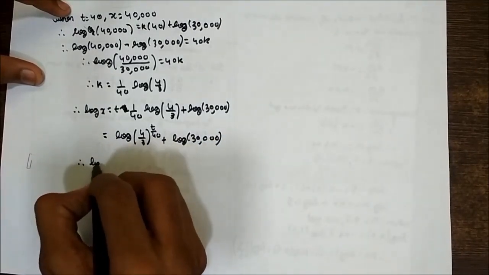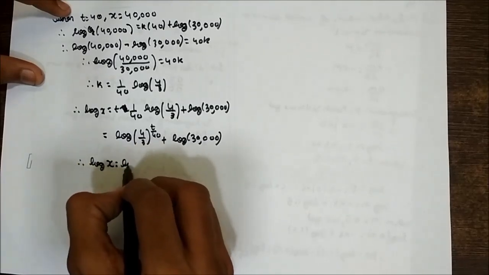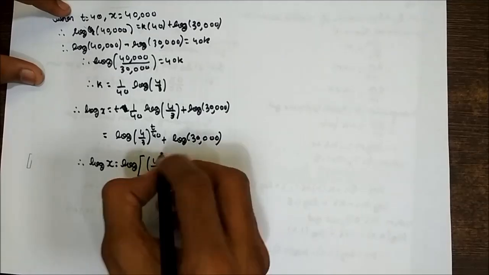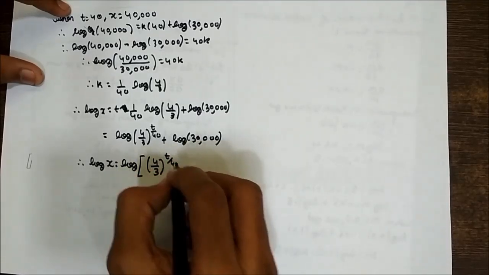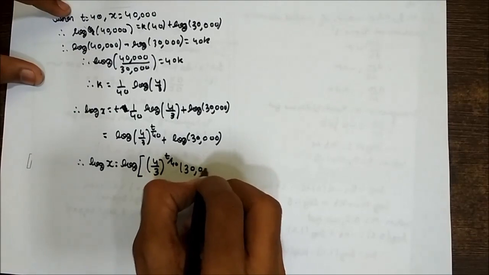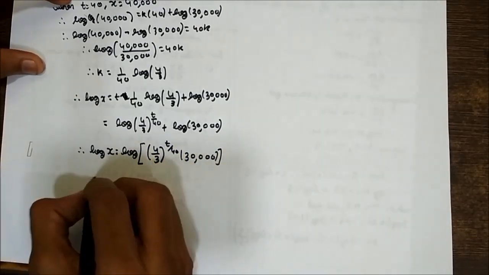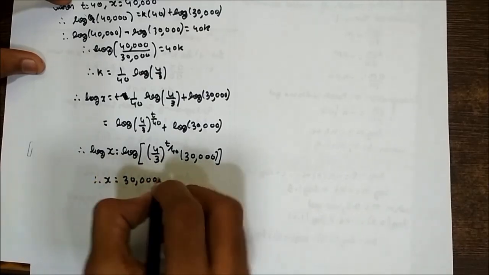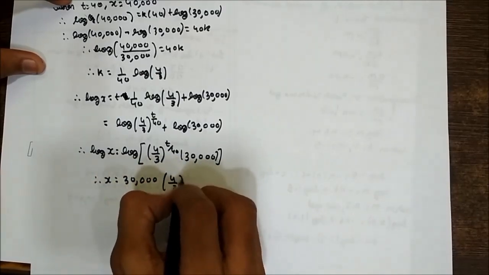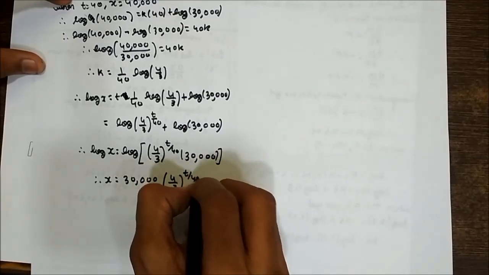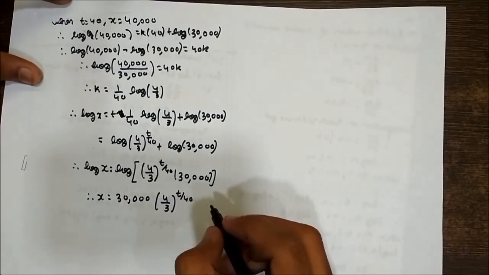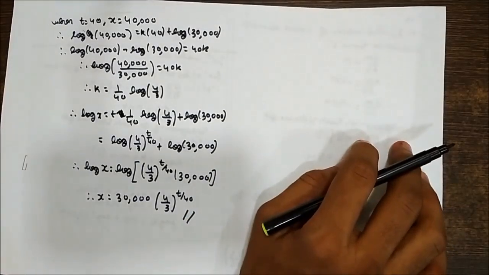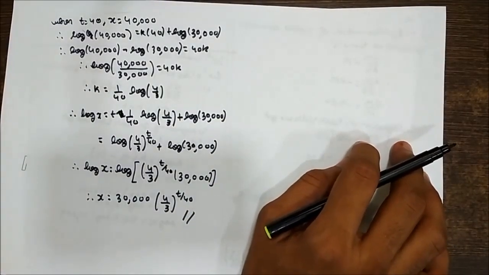Therefore log x is equal to log of 30,000 times (4 by 3) raised to t by 40. Therefore x is equal to 30,000 times (4 by 3) raised to t by 40, which is the solution for the given type of problem. We can solve any type of population problem by this method.